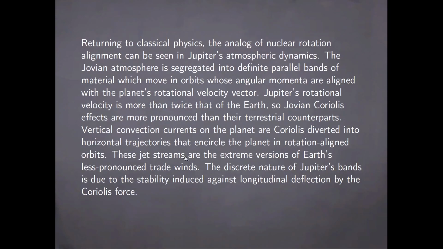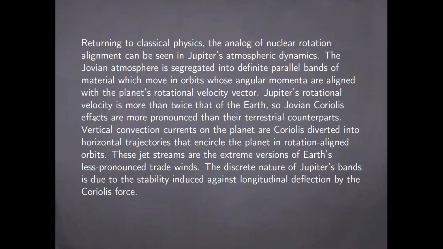And what is fascinating is that if we return to classical physics, there is an analogous phenomenon to nuclear rotational alignment, and it can be seen in Jupiter's atmospheric dynamics. The Jovian atmosphere is segregated into definite parallel bands of material which move in orbits whose angular momenta are aligned with the planet's rotational velocity vector.